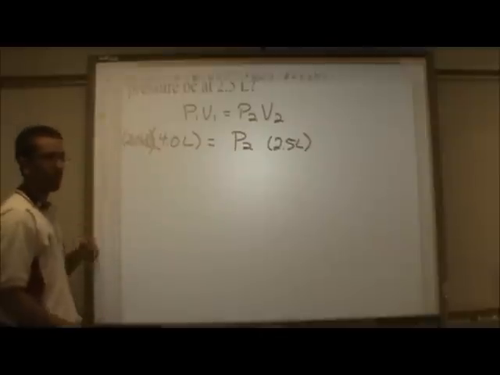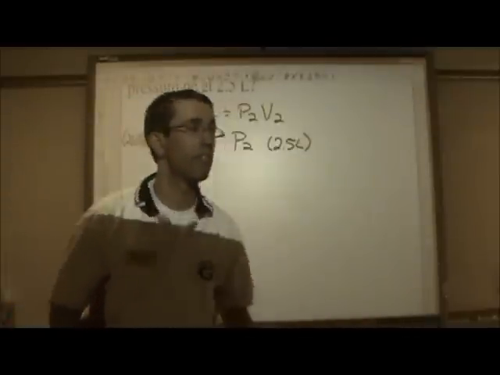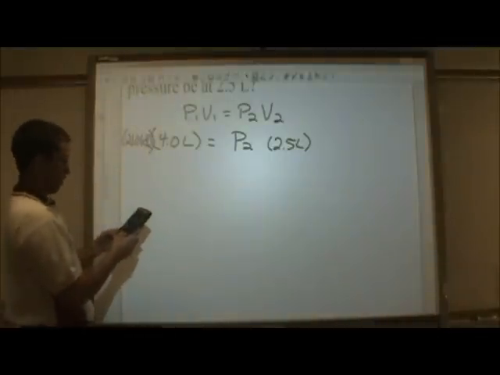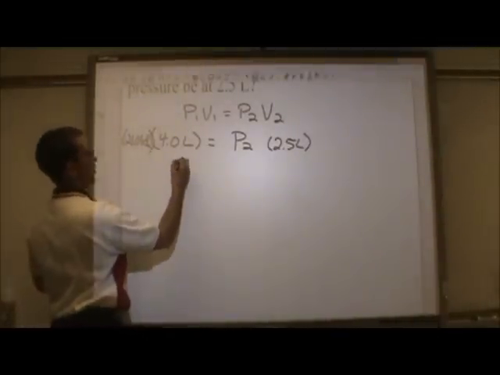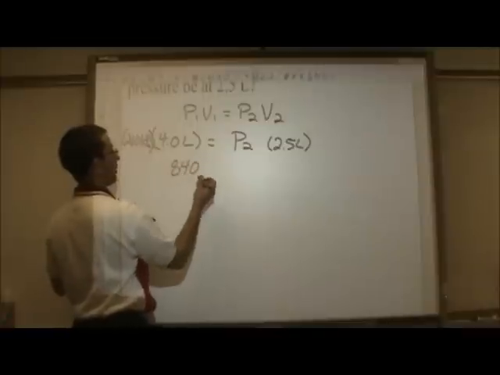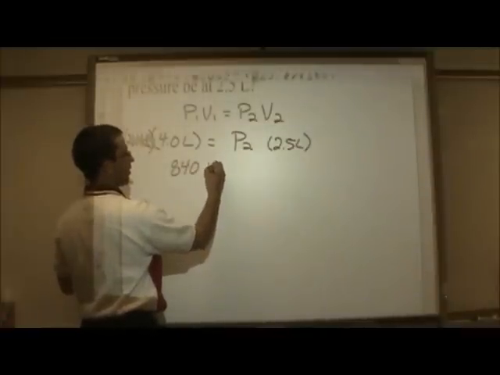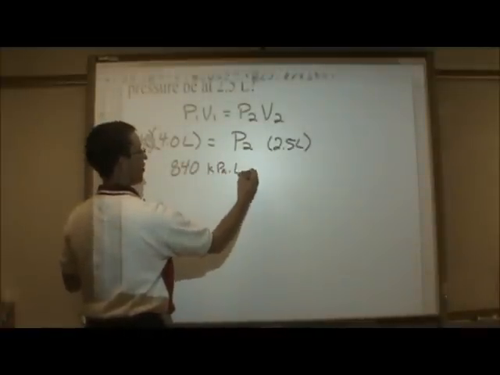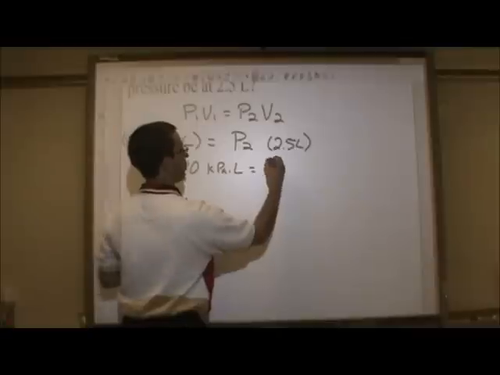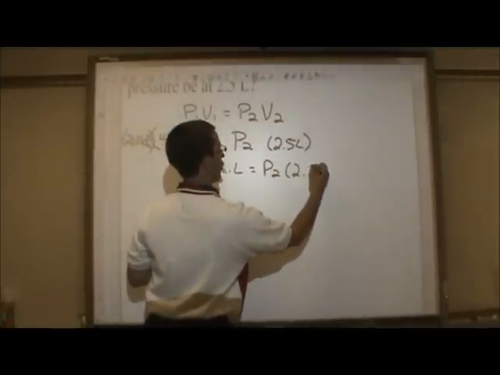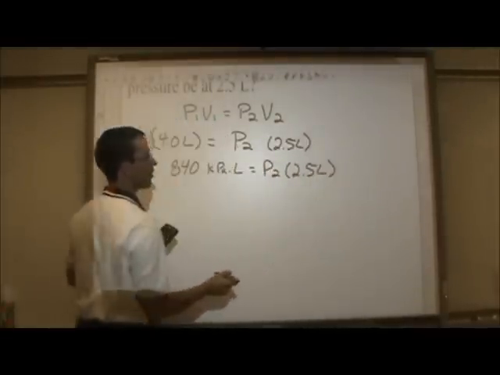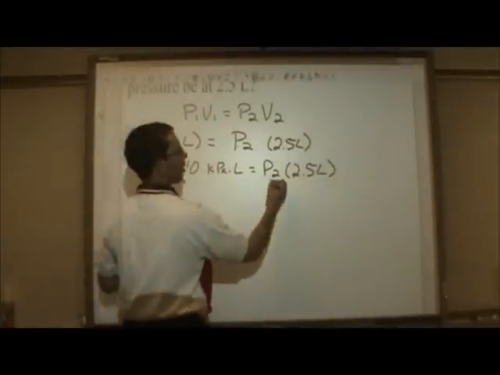So we get our calculator here. 210 times 4.0 liters. This is going to end up as 840 with 2 sig figs. kPa times liters is equal to P2 times 2.5 liters. We want to get P2 by itself.